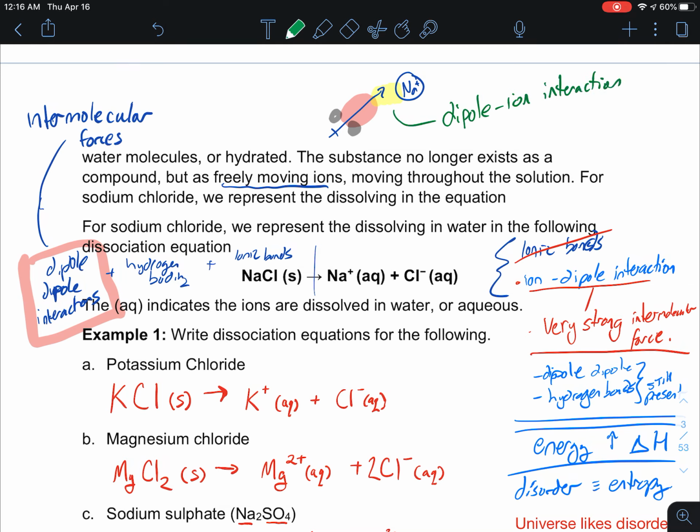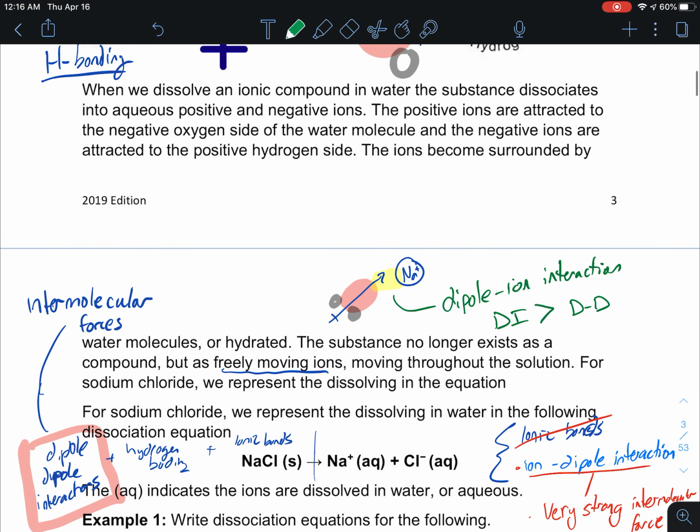And it is generally stronger than a simple dipole-dipole interaction. So this is one of the stronger forces. Sometimes, not always, it will depend on how many waters can get around an ion.